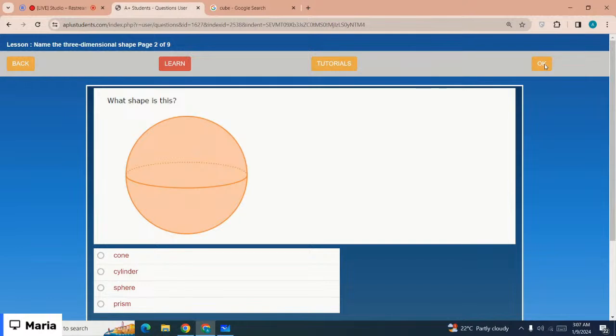Yes, that is a sphere, right? That is a shape exactly like a ball, so that is a sphere.